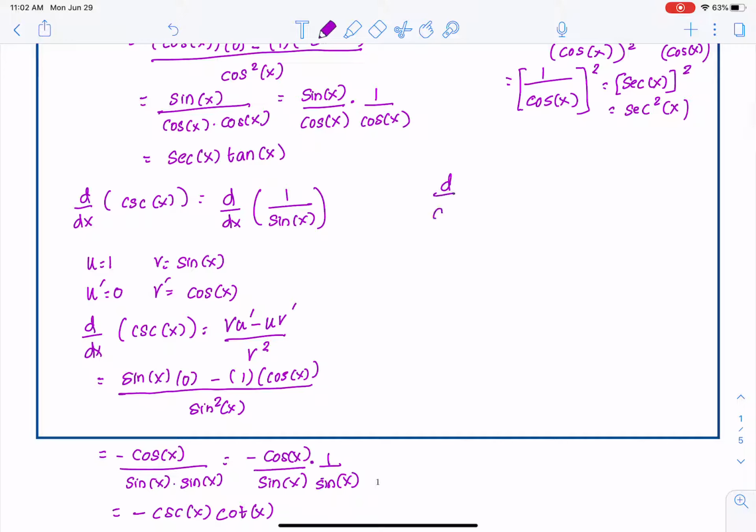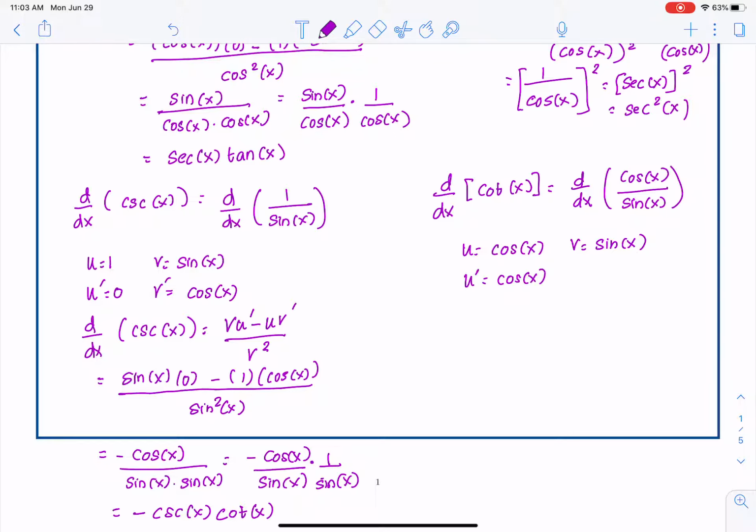So the derivative of cotangent x would simply be the derivative of cosine x divided by sine x. If we use quotient rule, we could set u to be equal to cosine x and v to be equal to sine x. u prime is the derivative of cosine x, which is negative sine x, and the derivative of sine x is simply cosine x.